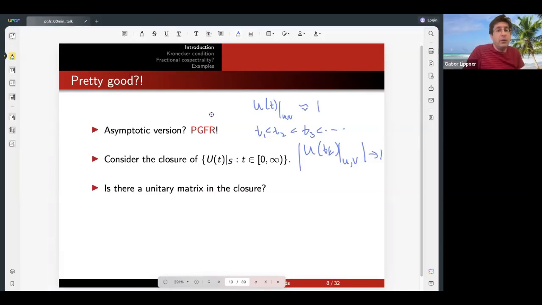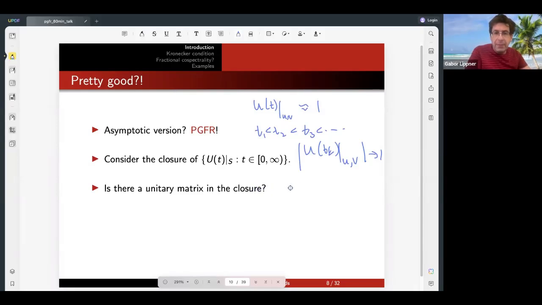So then pretty good fractional revival is going to be: there's not a single time where we have the perfect block diagonal structure, but we want a sequence of times along which the matrix converges to a block diagonal matrix. So how to formulate that?